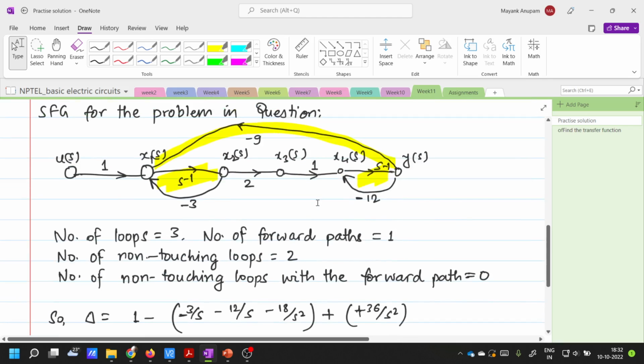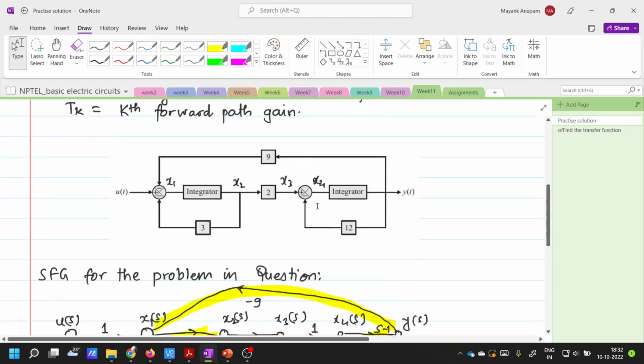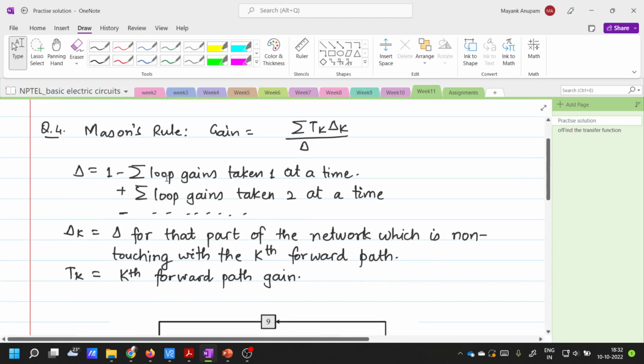Now what do you need to do next for application of Mason's rule? So this is Mason's rule, right? From Mason's rule, the gain or the transfer function between two nodes is given by this particular equation. It is the summation of tk multiplied by delta k divided by delta. And what is delta here?